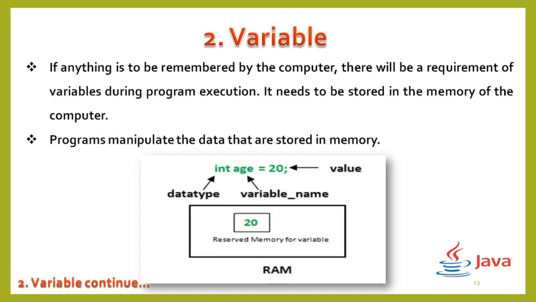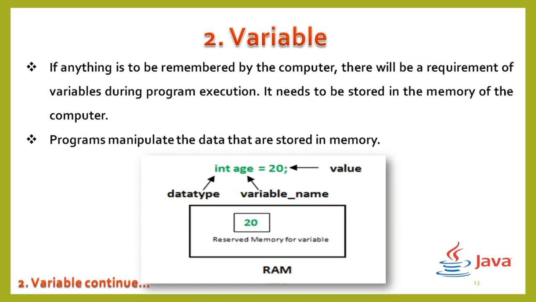Okay, after that, the second point is variables. If anything is to be remembered by the computer, there will be the requirement of variables during program execution. It needs to be stored in the memory of the computer, right? So the program manipulates data that are stored in the memory. Here one example is given. Integer is called the data type. Age is the variable name. The equal sign is called the assignment operator.